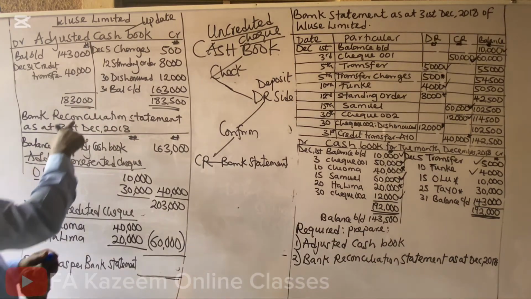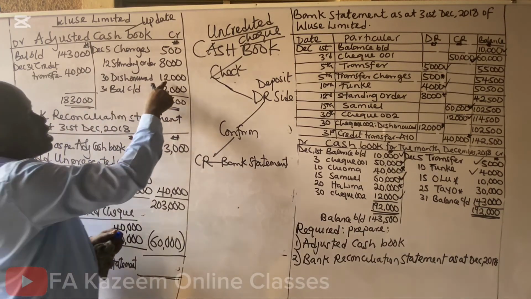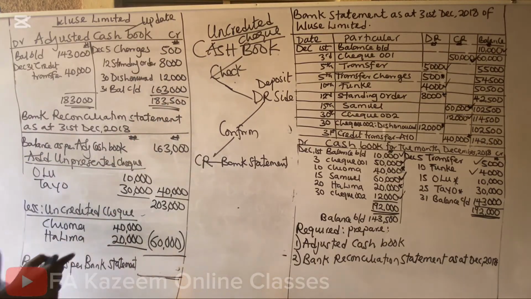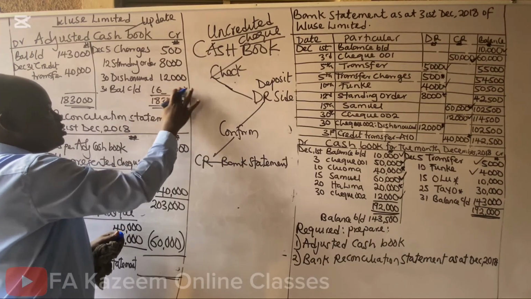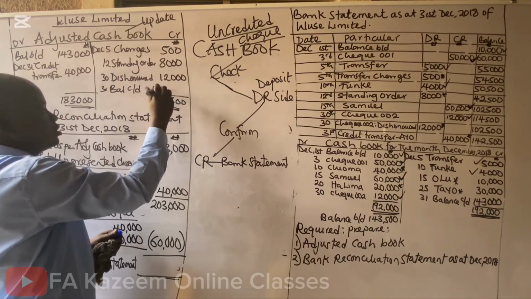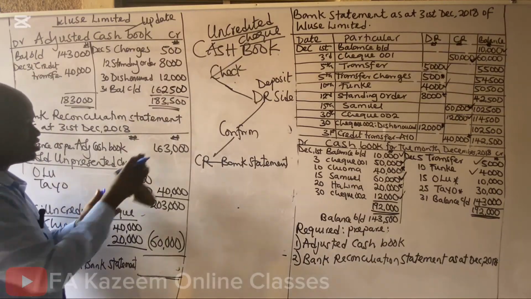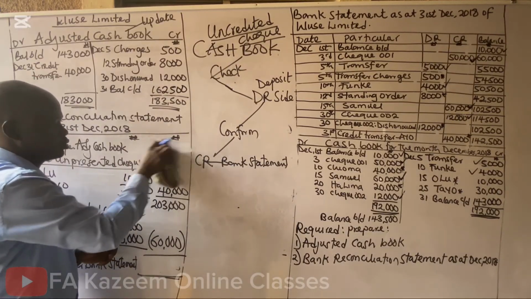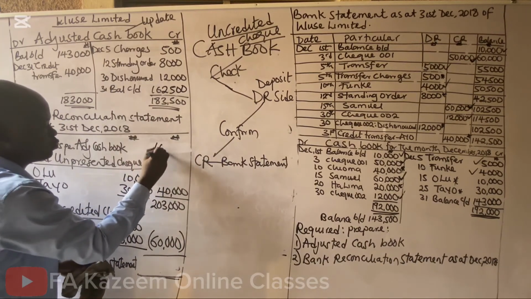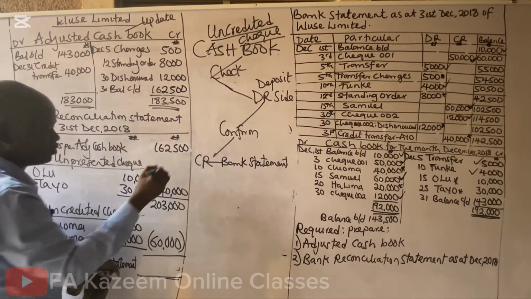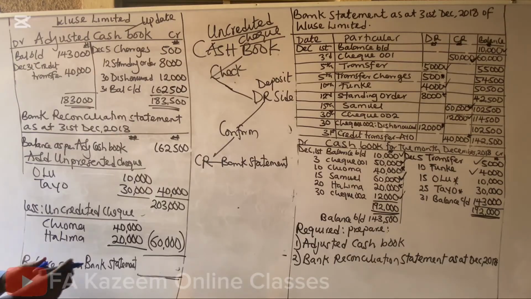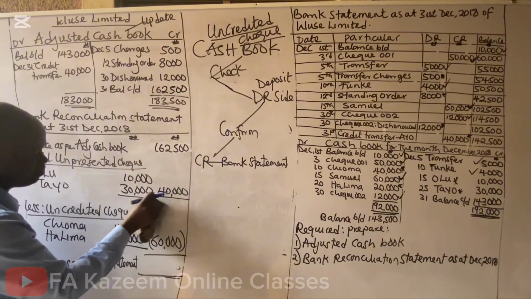Now, 143 plus 40, this is 183,000. Now, please minus 183,000 minus 20,500. We have 162,500. Meaning balance as per adjusted cash book is 162,500. Plus 40,000. What do we have?